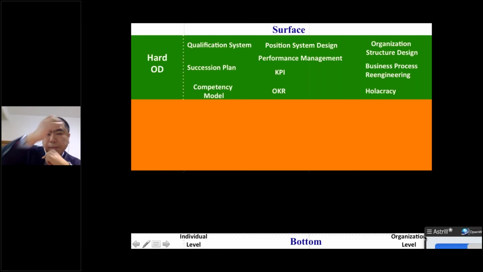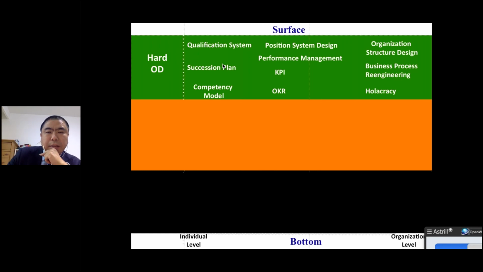At the surface, there are many intervention approaches, such as qualification, succession plan, competency model at the individual extreme, and organization structure design, BPR, some work design approach such as holacracy at the organization extreme. All this is building up the organization infrastructure. So I call it hard OD.